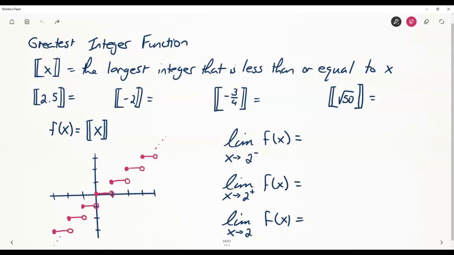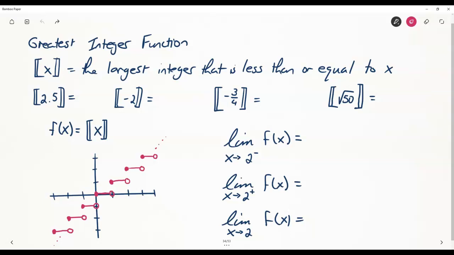And by definition, it is the largest integer that is less than or equal to the number you're trying to take the greatest integer of. In short, it tells you to round the number down. I don't care what the decimal is, round it down.